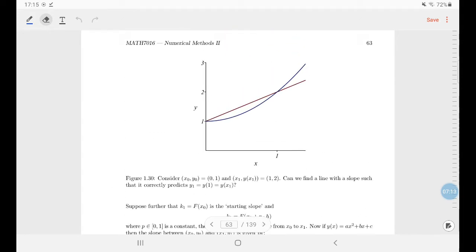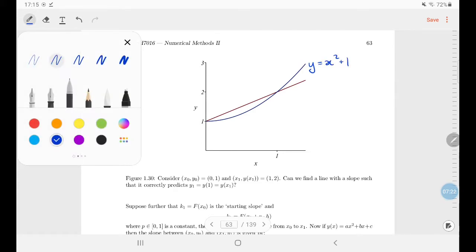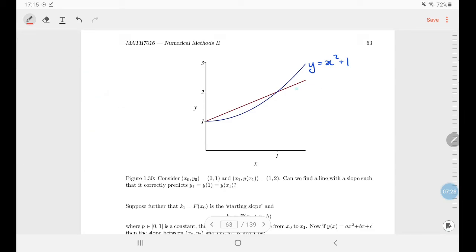Okay, and I think we're going to look at the picture on the next page and then go back to here. So what we have here is a plot of y equal to x squared plus 1. And here is some numerical method.